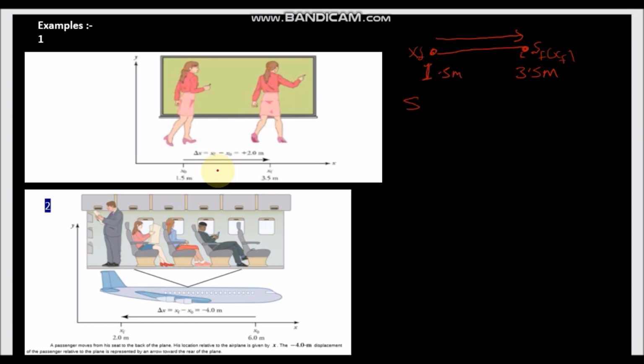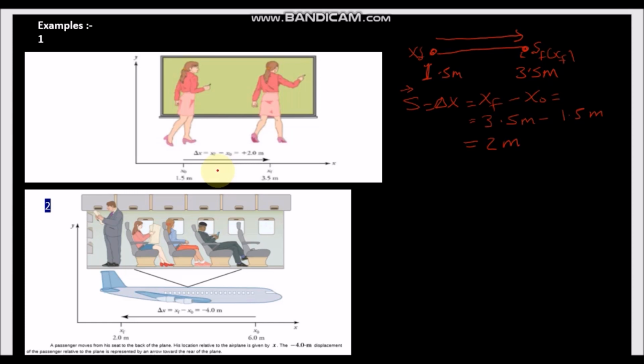Then the displacement, let's say the displacement is equal to the change in position, which is equal to x final, the final position, minus the initial position, which is equal to 3.5 meter minus 1.5 meter, which is equal to 2 meter towards where?